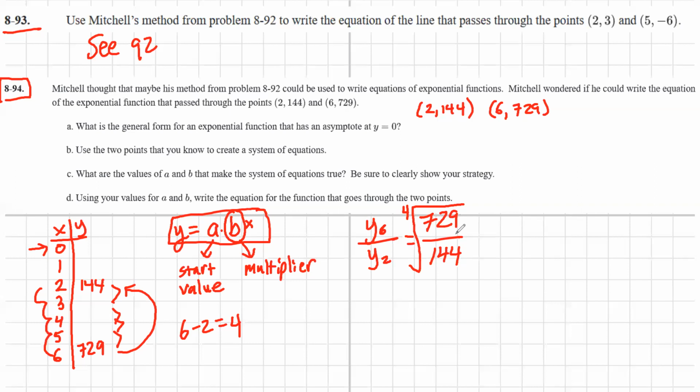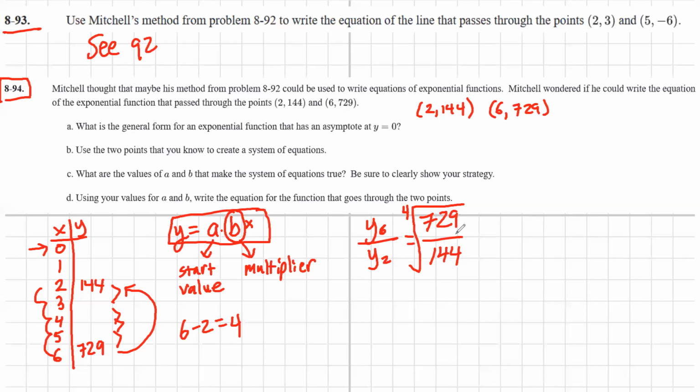Okay, so how do you do 4th root in your calculator? Well, first you type 4, then you press the second exponent button. Then you'll have to put parentheses, 729 divided by 144, end parentheses.